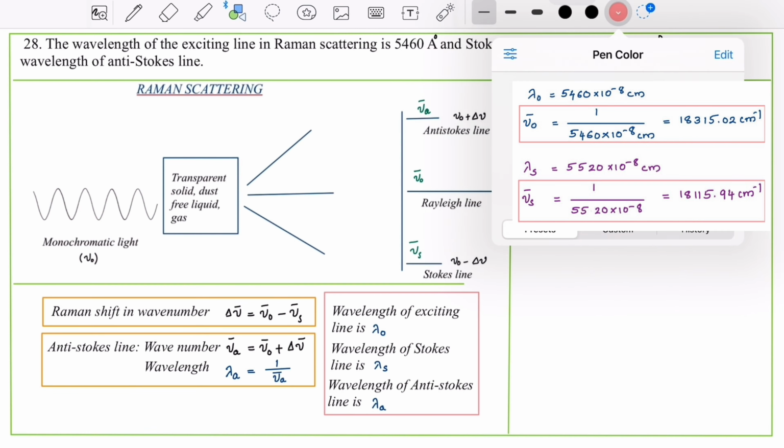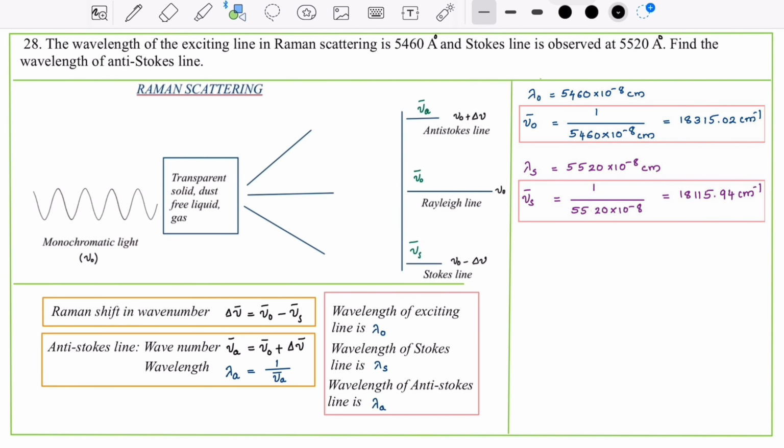Now we can find out the Raman shift in wave number delta nu bar as nu 0 bar minus nu s bar, and this is equal to 18315.02 minus 18115.94. That is, the Raman shift in wave number is 199.08 centimeter inverse.